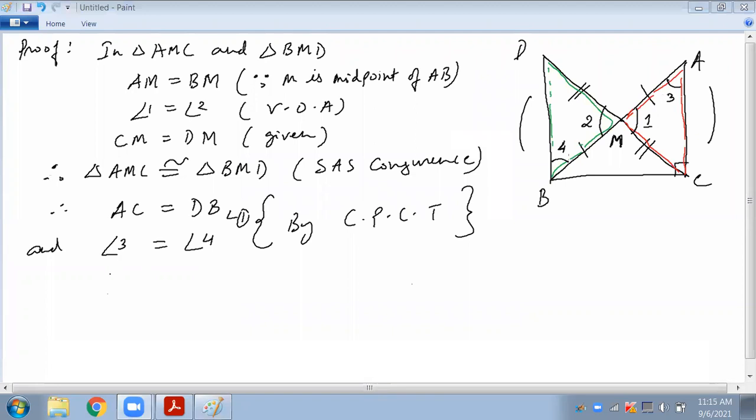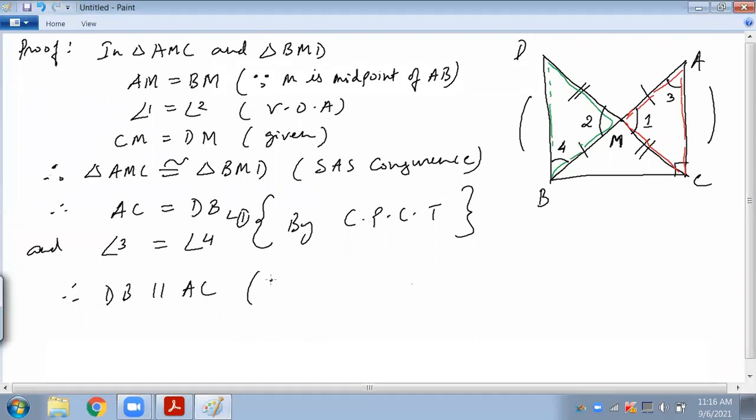Now angles 3 and 4 are equal. If angles 3 and 4 are equal, what does it mean? They are alternate angles, because 3 and 4 are in the Z formation. So if they are equal, we can take DB parallel to AC. Therefore, DB is parallel to AC. Why?